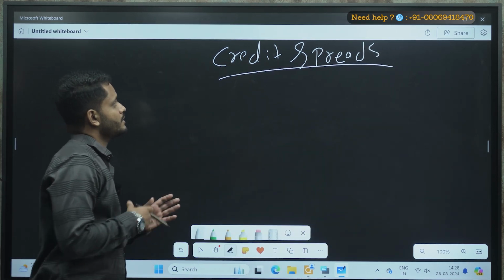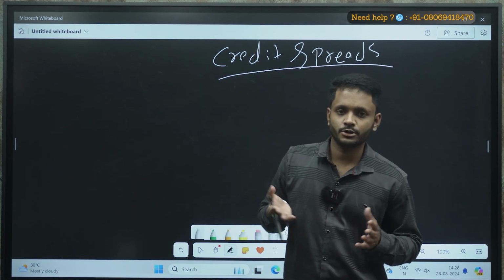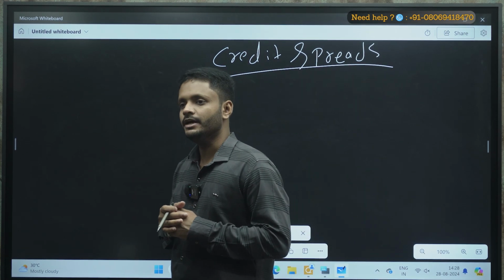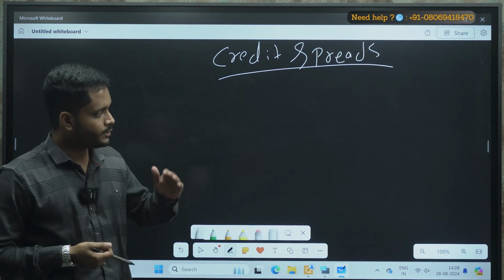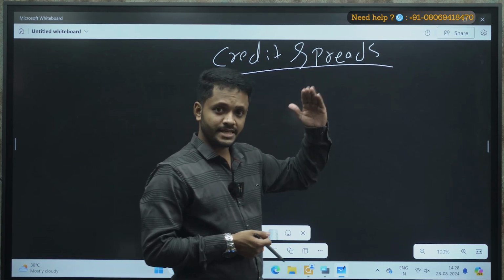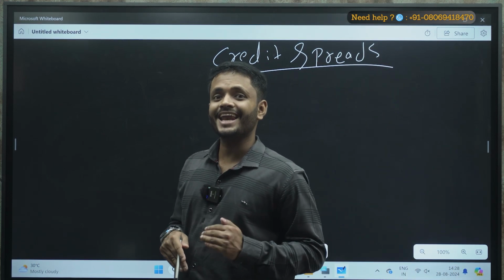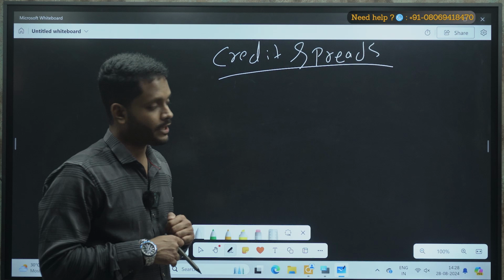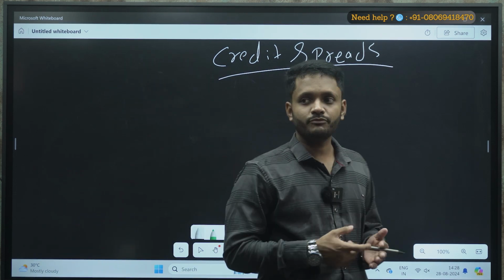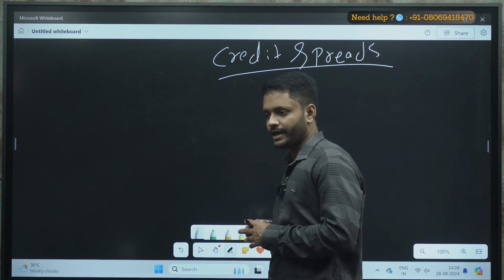Now first, before starting credit spread, let me explain the difference between a debit spread and a credit spread. In a debit spread, we buy ATM and we sell OTM, correct? But in this case, we usually sell ITM and we buy ATM. Say you are very near to the expiry.